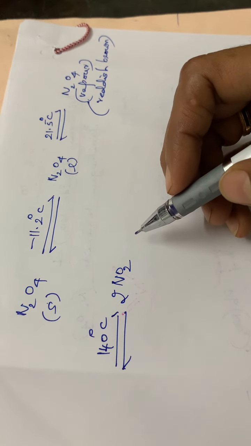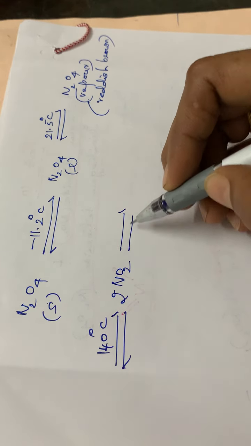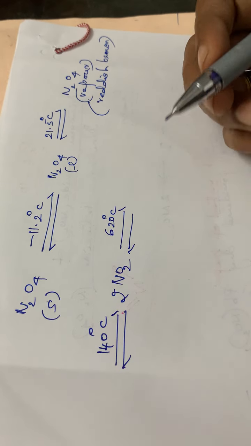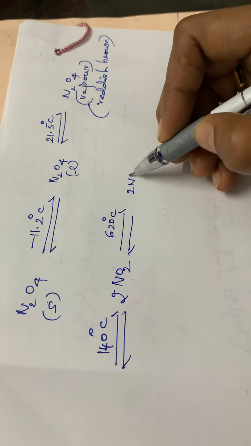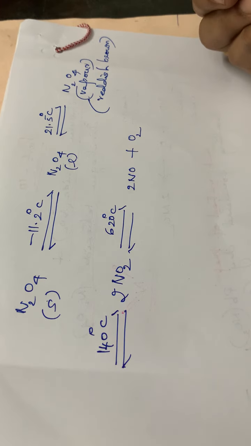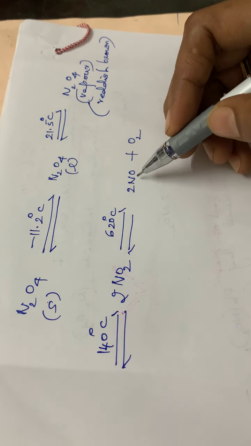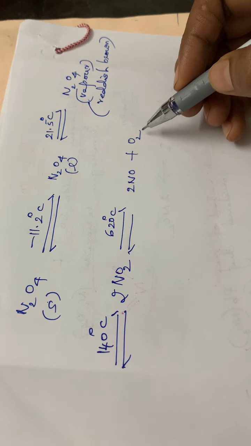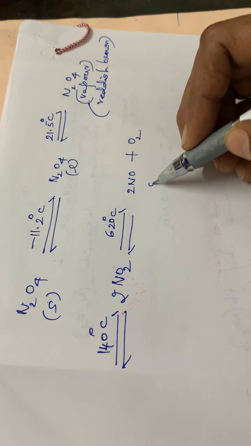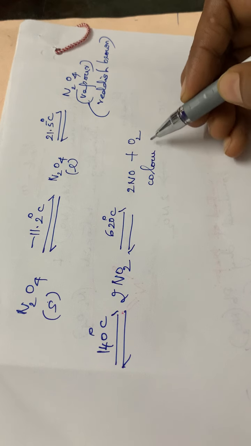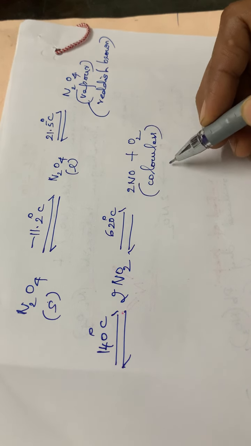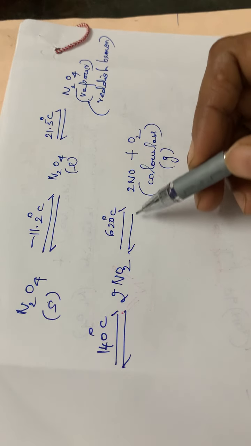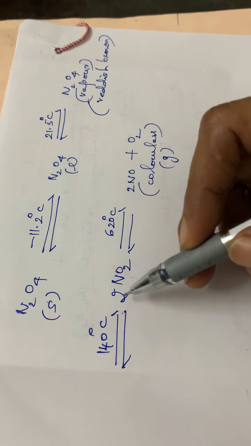Okay, then again on heating to 620 degrees Celsius, this NO2 will be dissociating to nitric oxide and oxygen, and both these gases are colorless. On cooling, it will be converted back to NO2.